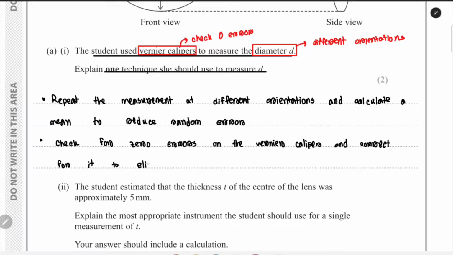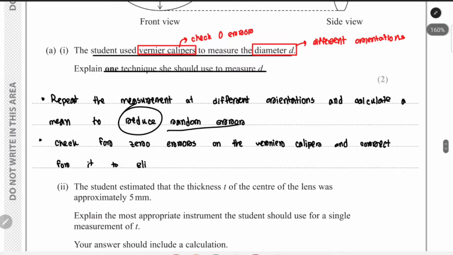When we talk about random error, we talk about reducing it. When we talk about systematic error, we talk about eliminating it.